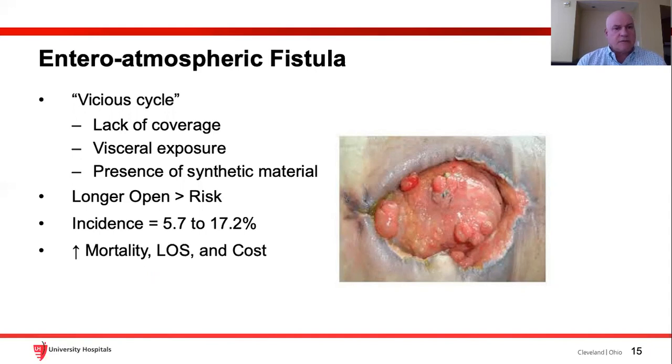This is due to the vicious cycle of these wounds of lack of coverage, visceral exposure, and presence of synthetic material. The longer these wounds are open, the greater the risk of entero-atmospheric fistula. The incidence is reported about 6 to 17%, but it's likely much higher. Once these occur, patient mortality, length of stay, and cost increases dramatically.